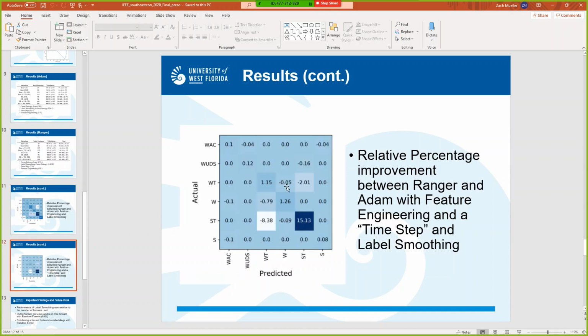And then we further looked at this with the time step in label smoothing, along with the feature engineering, and we saw an even larger increase in the standing and talking, but not as much improvement everywhere else because, as we saw, these results were very, very similar.